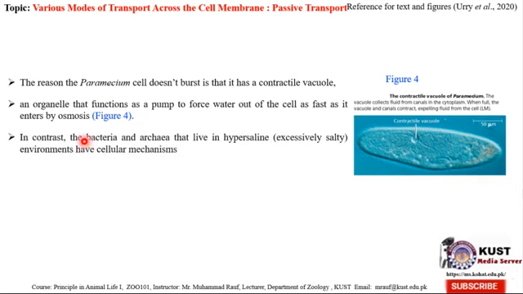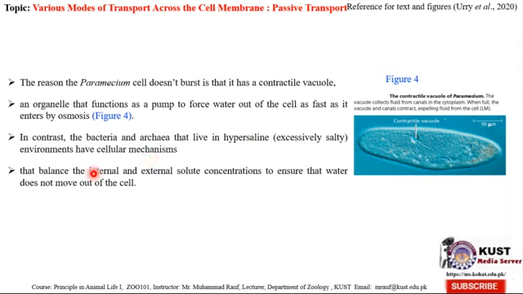In contrast, the bacteria and archaea that live in hypersaline, excessively salty environments have cellular mechanisms that balance the internal and external solute concentrations to ensure that water does not move out of the cell.